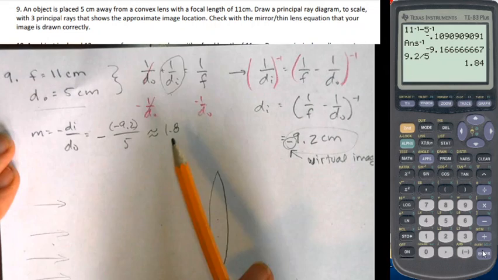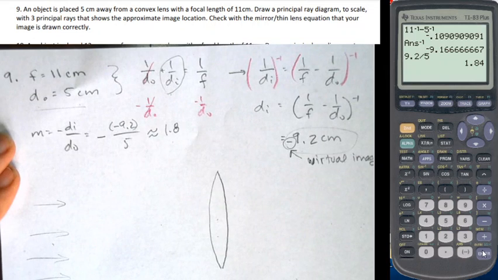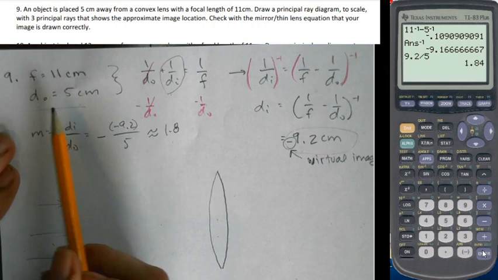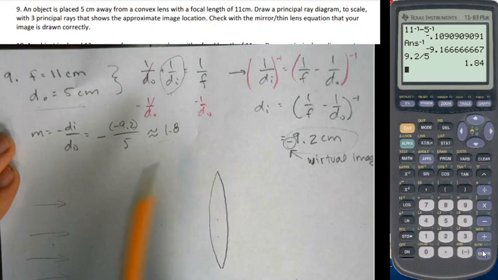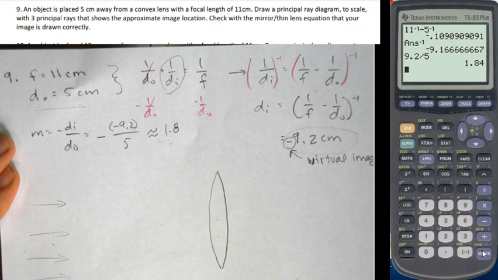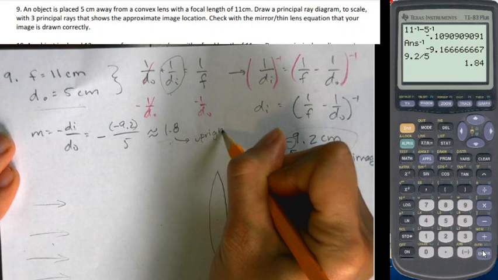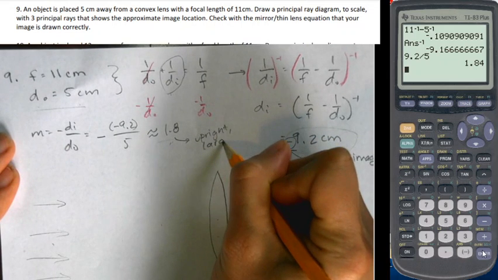So my image is going to be almost 2 times as tall as my object. So I don't want to draw a super tall arrow to start off with because the image is going to be twice as big. And it's also a positive number, so that tells me that I expect it to be upright. So we'll go upright, larger image.